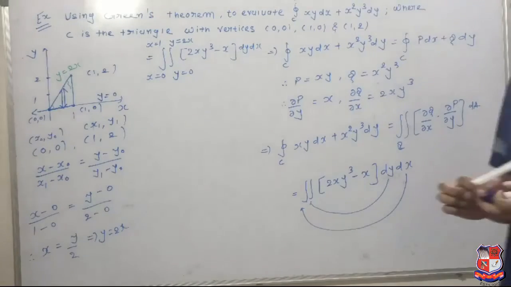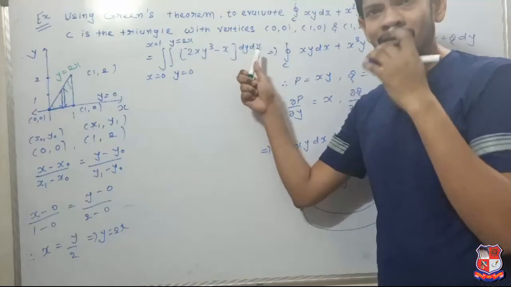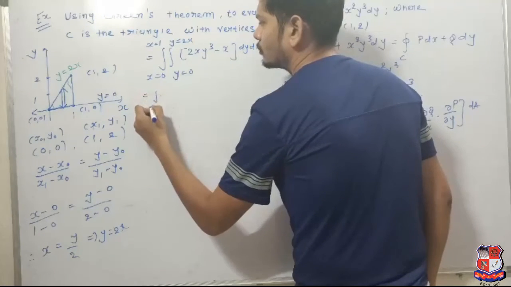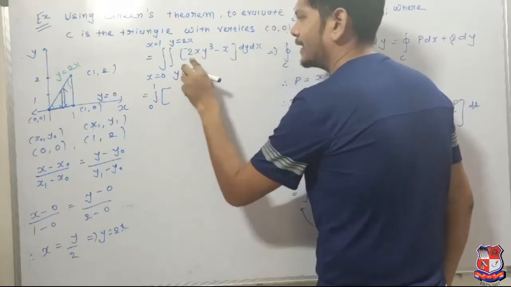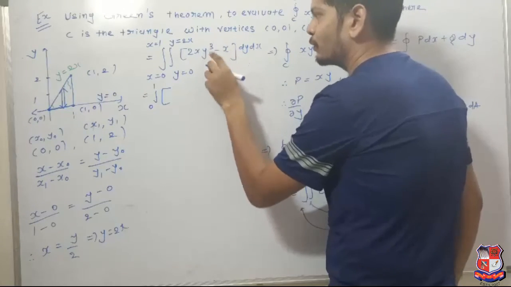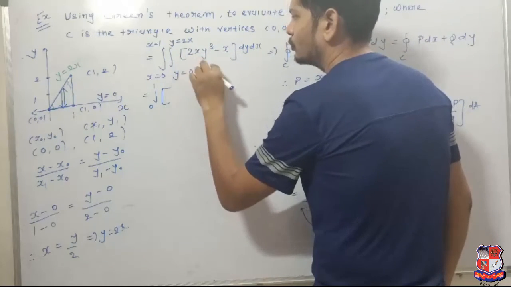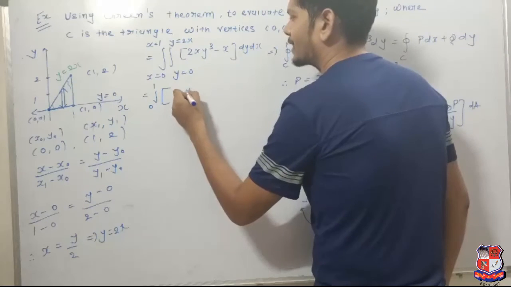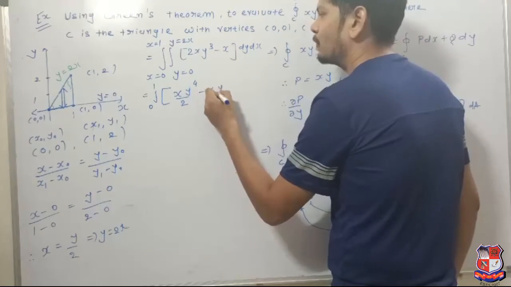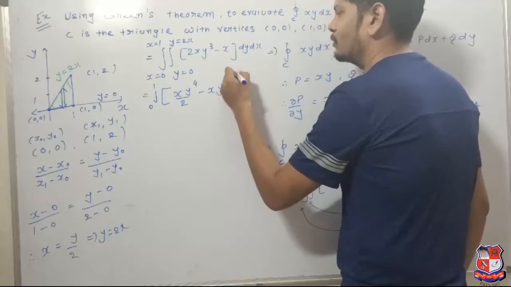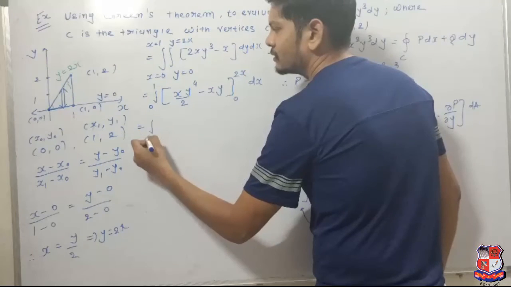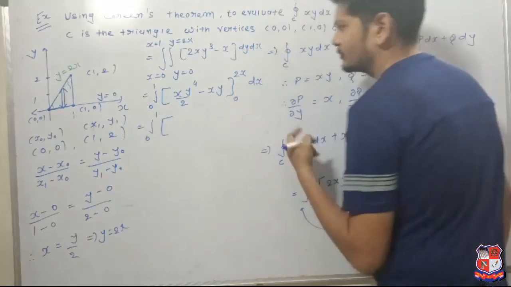Okay. Now simple integration with respect to y and then with respect to x. So 0 to 1, integration with respect to y. So the integration of y cube is what? y raised to 4 by 4. So 2 and 4 cancel. So we can write x y raised to 4 by 2 minus x into y over the limit 0 and 2x, dx, 0 to 1.